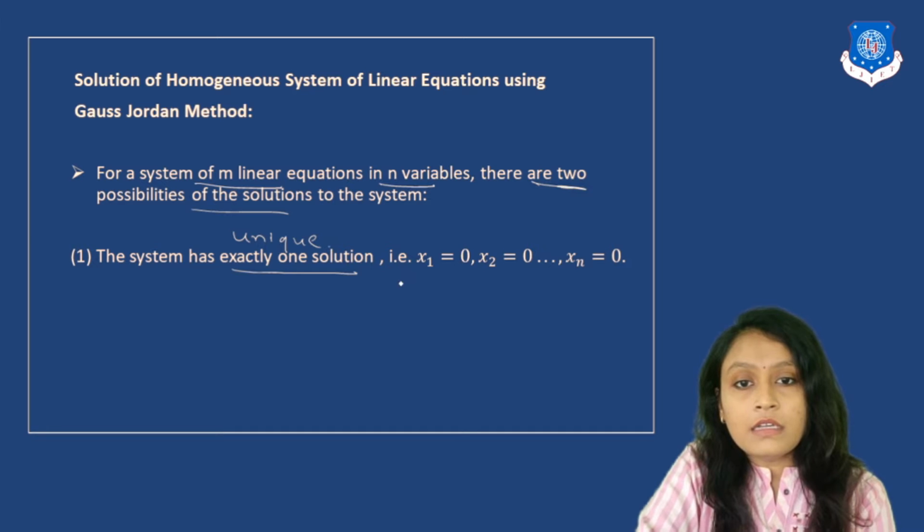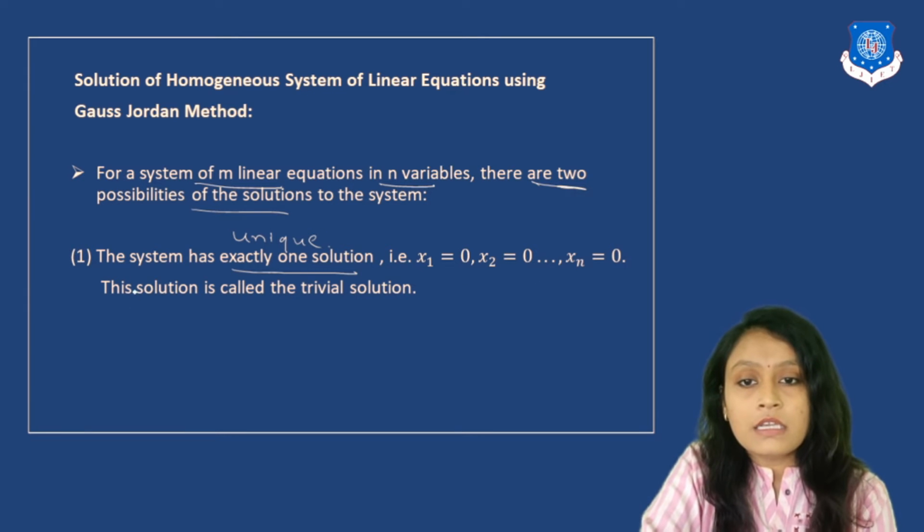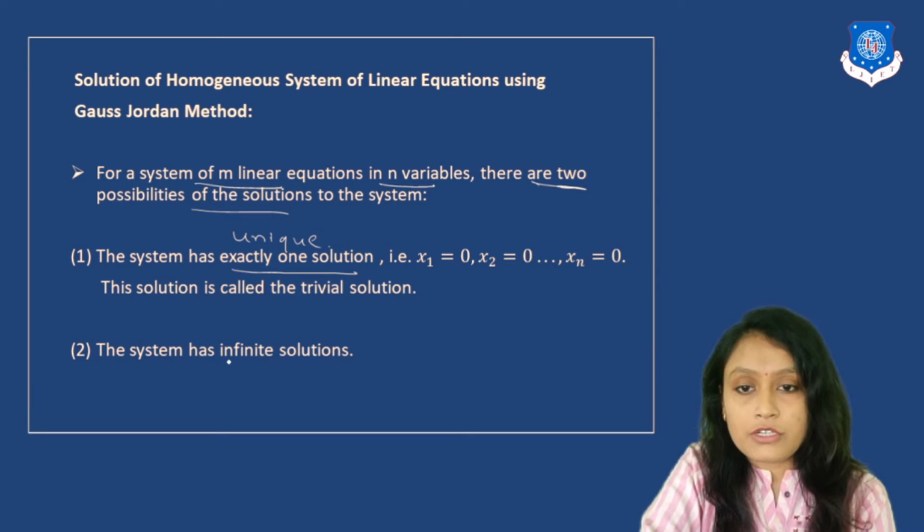This one solution is x1 equal to 0, x2 equal to 0 and xn equal to 0, meaning the answer for all variables is 0. This solution is called the trivial solution. The second type of solution is infinite solutions.